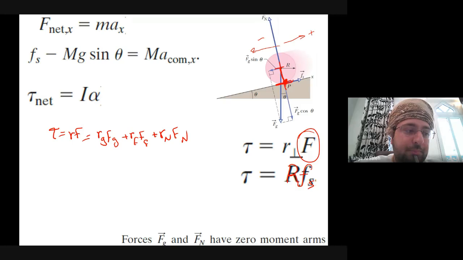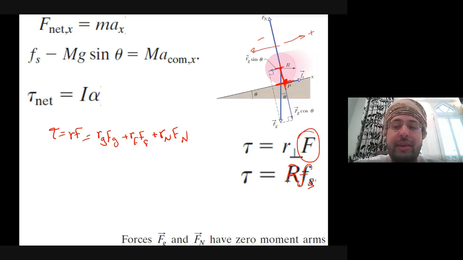The answer is, if you remember in our previous lecture, we worked it out. It doesn't matter where you take it, as long as you fix it.